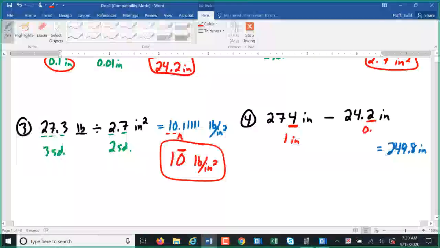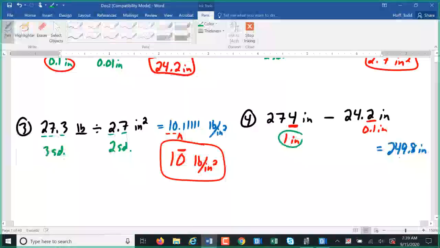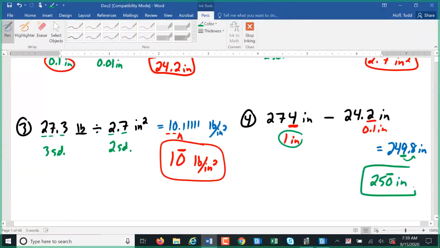This is the tenths, 0.1 inch. So the one that's less precise is the 1 inch. So we round to the nearest 1 inch here. And that 8 says we round up to 250. Once again, though, that ones digit is significant. So we once again have to indicate it by putting a line over that 0, that 0 is a significant digit.